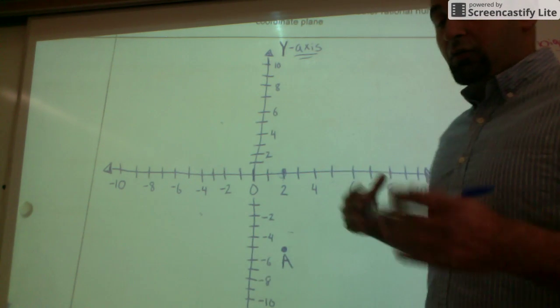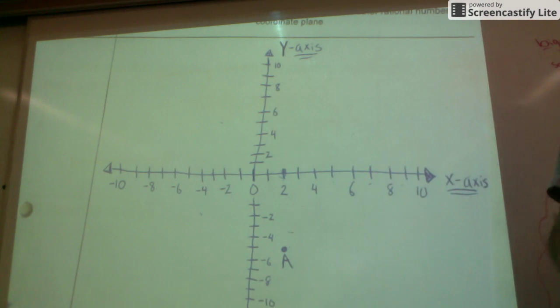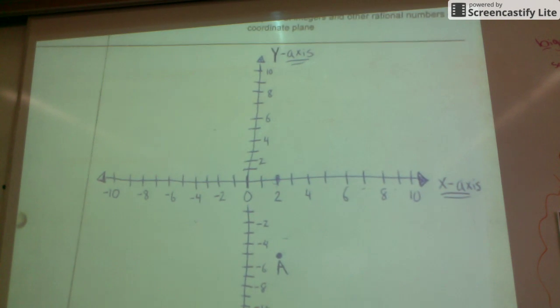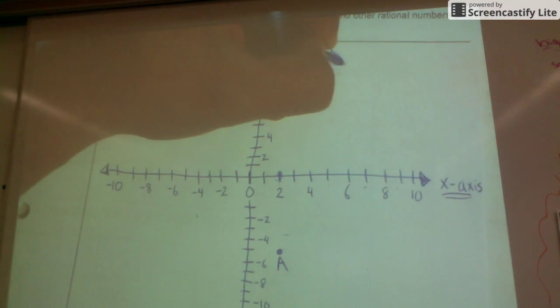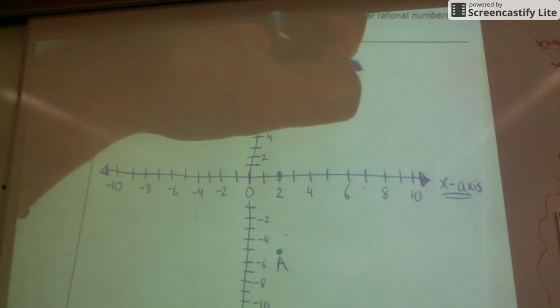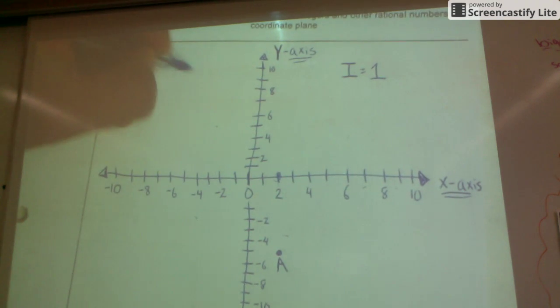Now, our quadrants kind of go in an order, okay? So let me label them, and then we'll talk about exactly what they are. So quadrant 1 is right here. And we do it by putting a Roman numeral, or we could put 1, okay? Okay, quadrant 2 is here.